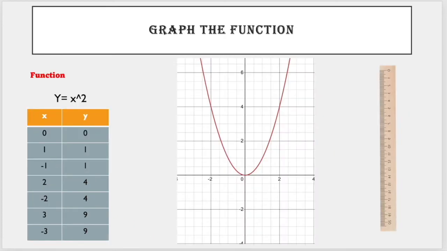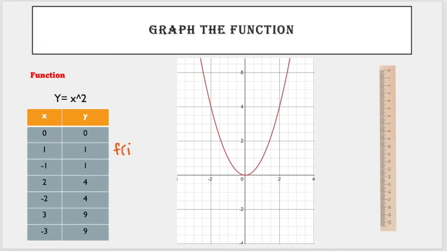Now let's graph the function y equals x squared. So if you input 0 for x, you get the y value also 0. 0 squared is 0. If you input 1 for x, what would be your y value?